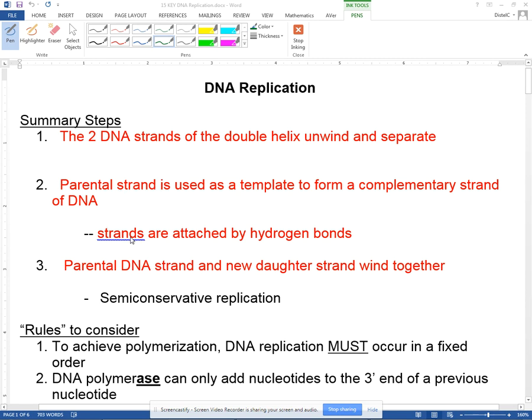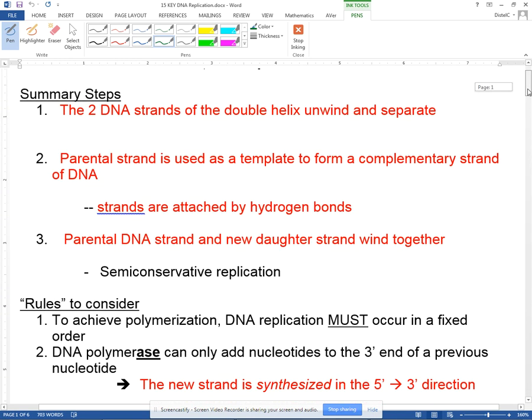The strands are originally attached by hydrogen bonds in between them, so we need to break those hydrogen bonds. And then the parental strand and the new daughter strands wind together. When we did science practice with replication, we found that this was called semi-conservative replication. Again, this is just an overview. We're going to get into the details.